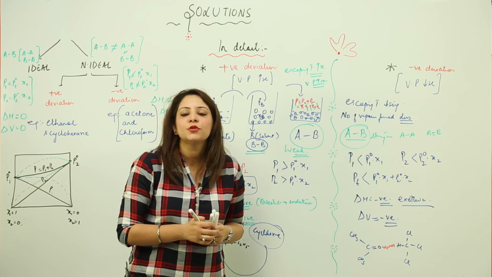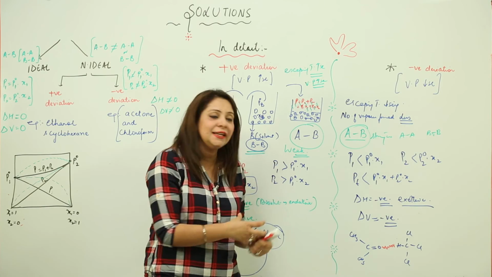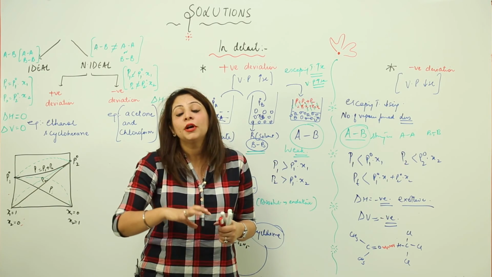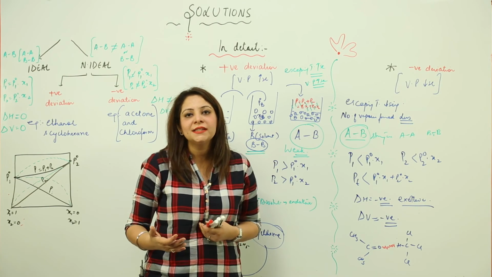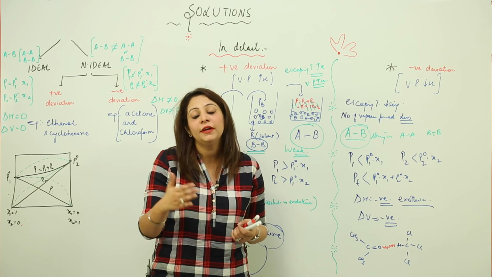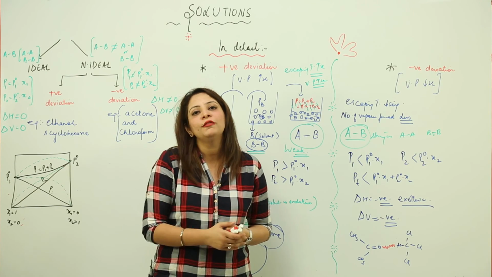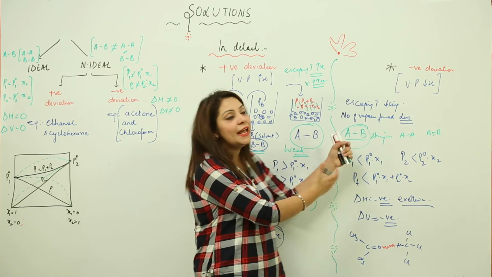And you know that hydrogen bonding increases the attraction, so obviously delta V is decreasing and even delta H is negative, because now there exist more attractive forces. More attractive forces means less tendency to escape. Less tendency to escape means less number of vapors formed. Less number of vapors formed means obviously less vapor pressure, which denotes the negative deviation.